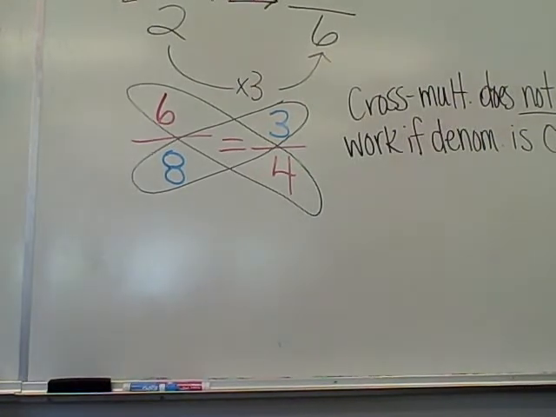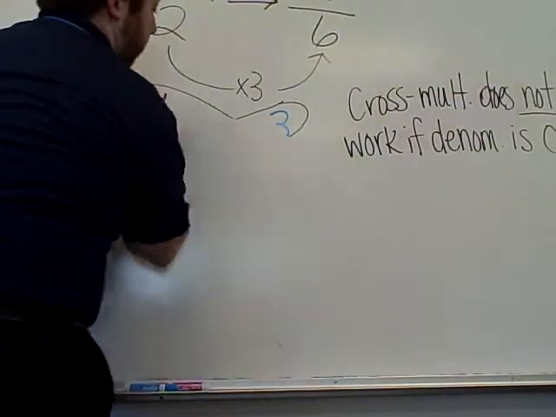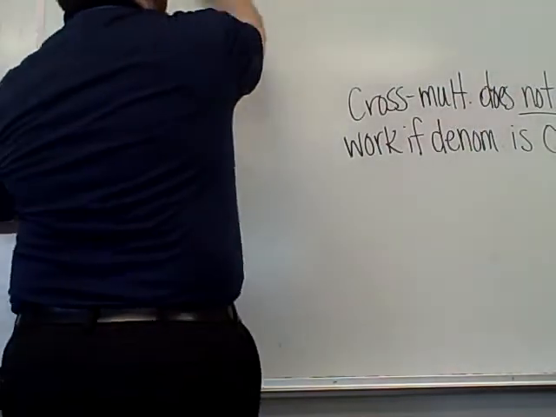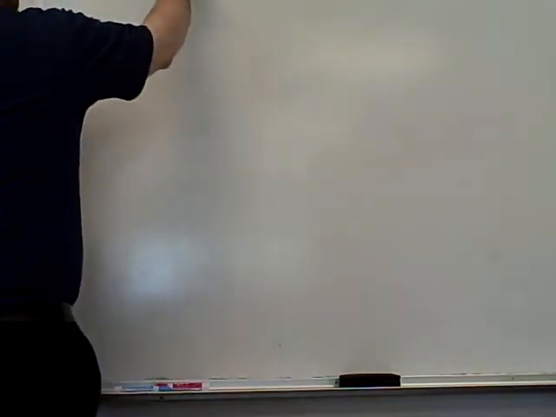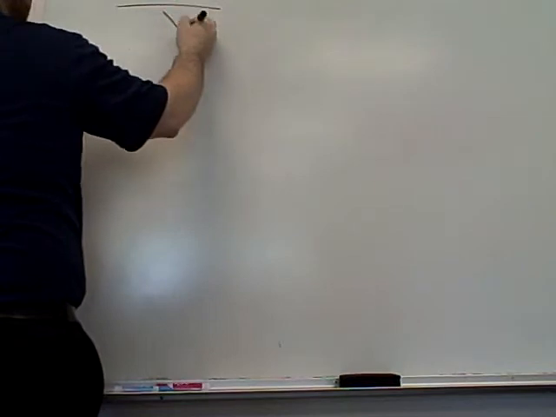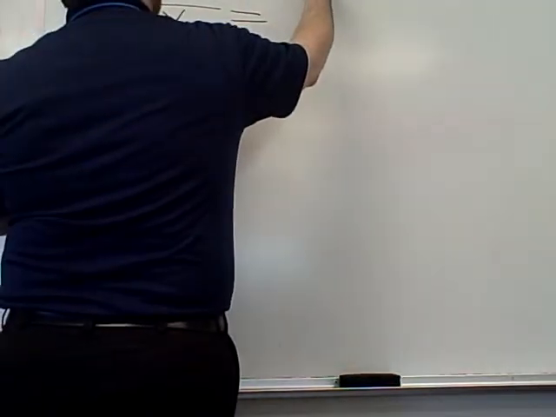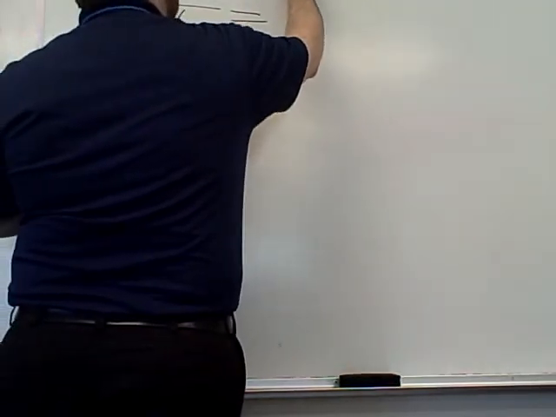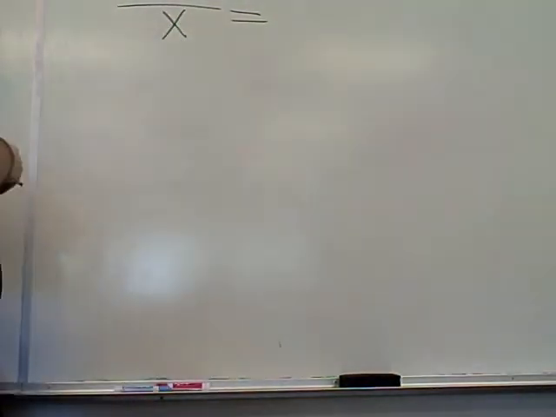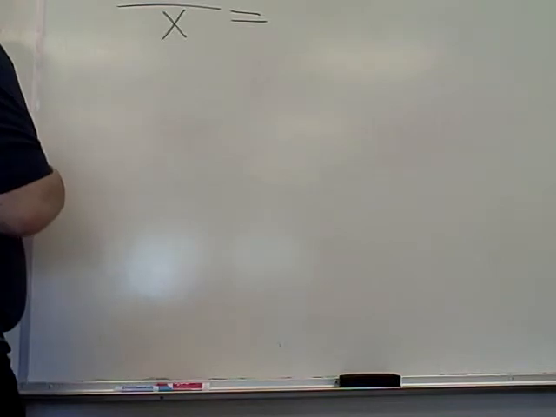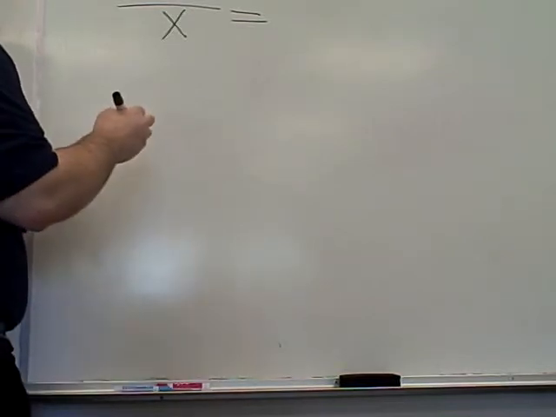Alright, so let's do some examples together. Bless you. I'm just going to make up some random ones, so this is going to go in your notebook, and then we'll have you practice in your textbook. So we're going to start off with just the normal random. They already gave you the proportion. You don't have to figure anything out. Okay? So you're going to see something like this. 8 over x equals... this is harder to do than I thought. 16 over 32.